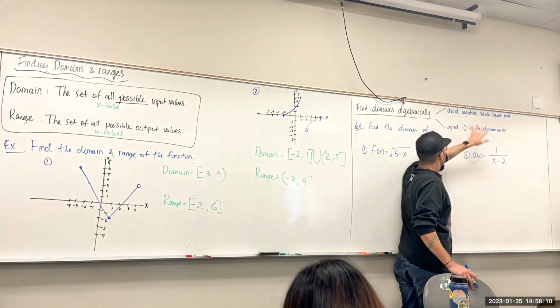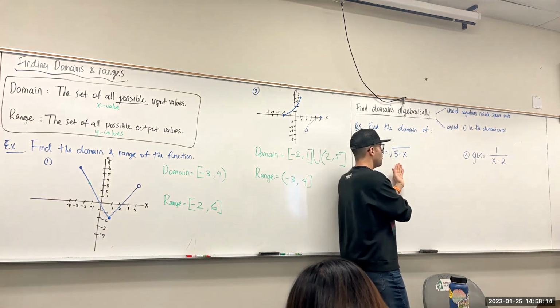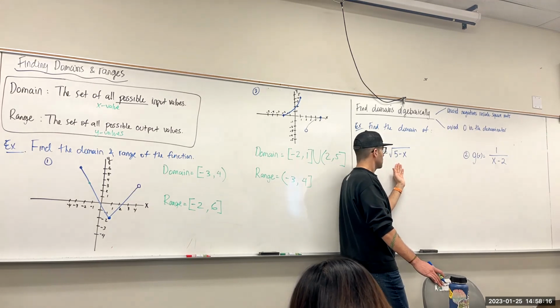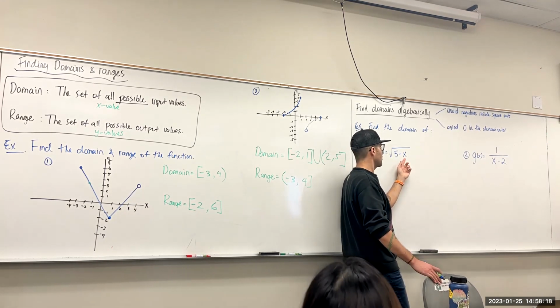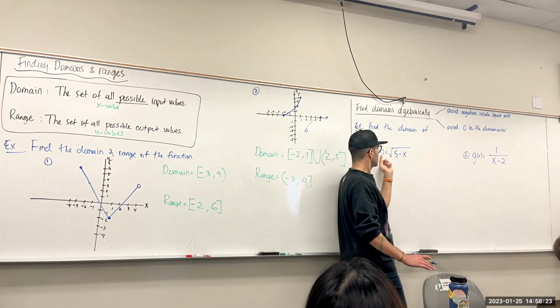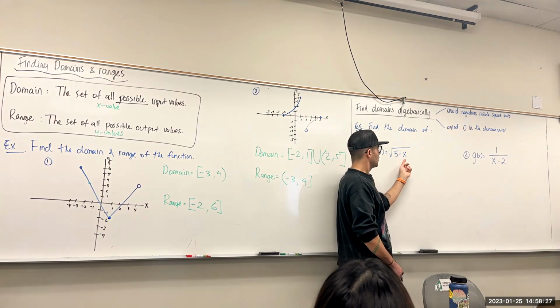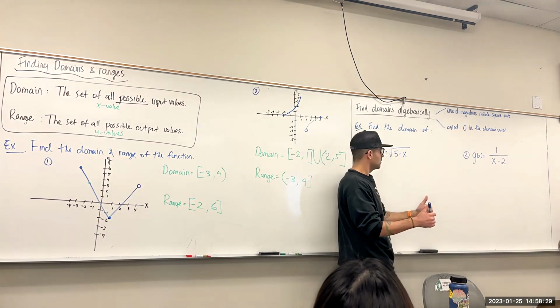Okay. So when you're looking at this function, I have a square root. I don't want negatives inside the square root. So give me, for example, a number that we cannot plug in. If I plug in 4, what's 5 minus 4? That's 1. That's cool.